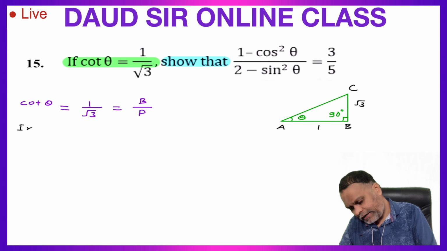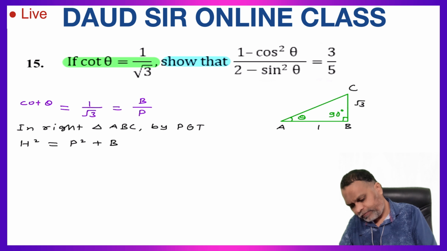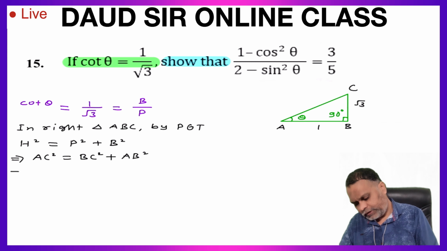In right triangle ABC, by Pythagoras theorem, h square is equal to p square plus b square, which implies hypotenuse is AC, so AC square, perpendicular is BC, BC square, base is AB, AB square. Now substitute the values.